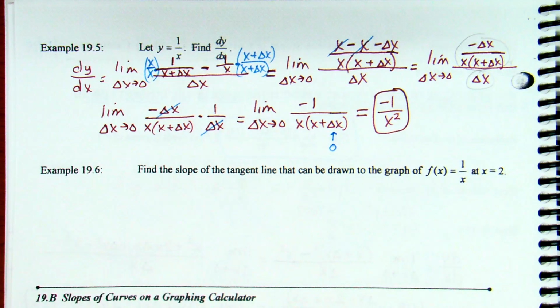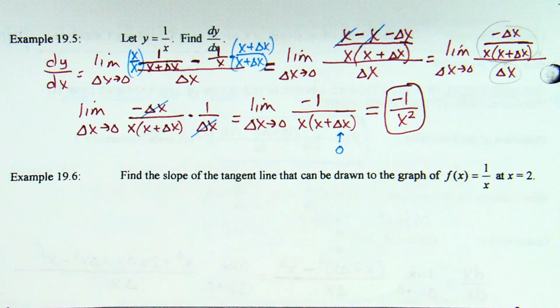Example 6. Find the slope of the tangent line that can be drawn to the graph of f of x equals 1 over x at x equals 2. Plug and chug, plug what into what?